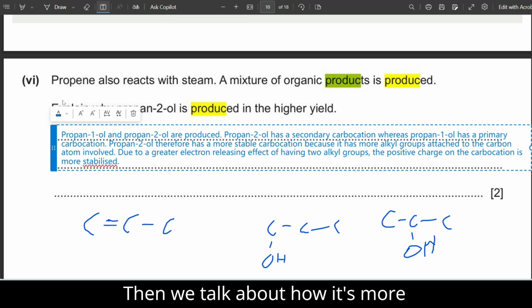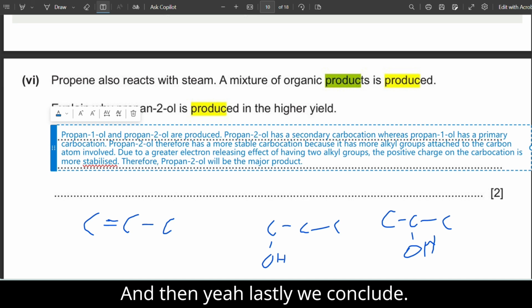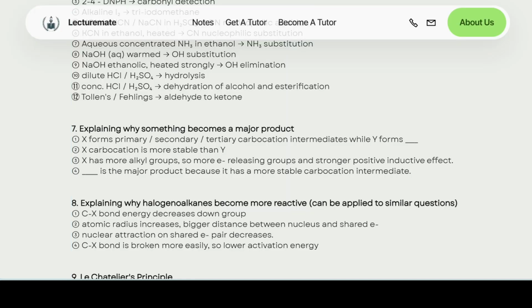Then we talk about how it's more stabilized. And lastly we conclude.